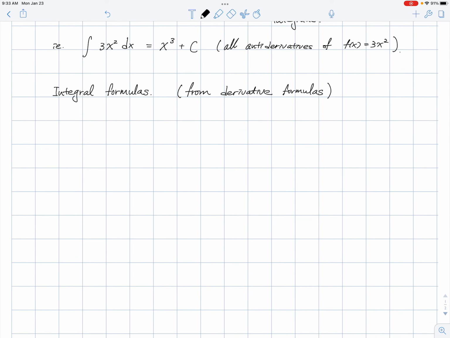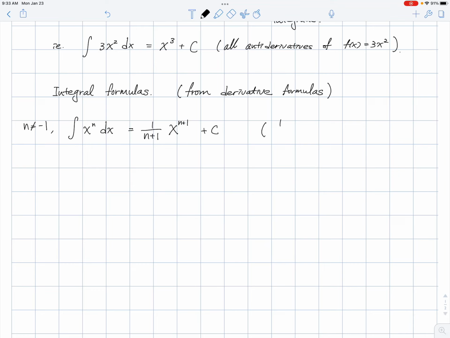All right, so let's start with power functions when you have x to the n. Now I want n being any number except -1. When you have a power function, then the antiderivative will be: you raise the power by 1 and then fix the coefficient, and then plus c.